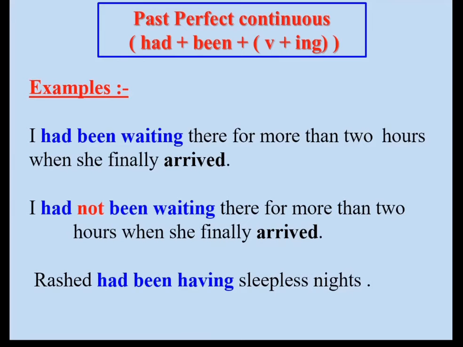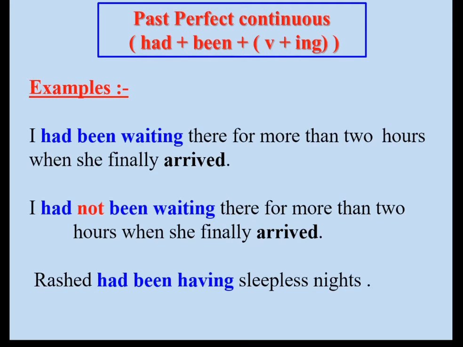Now with past perfect continuous. Past perfect continuous, as we have mentioned, is used to express an action that is repeated, or a continuous action in the past. Okay?